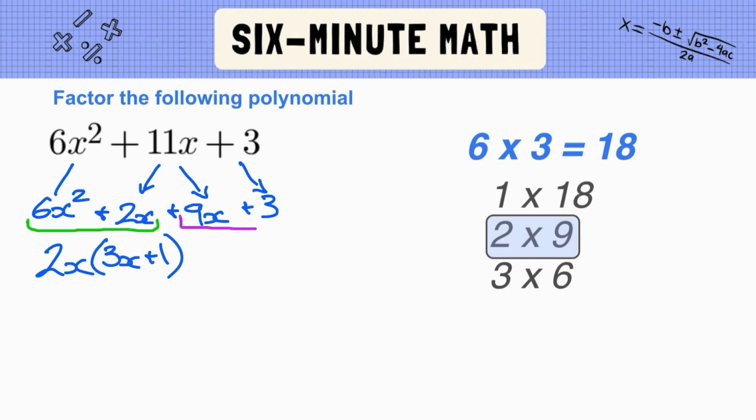I'm then going to factor our second binomial, or the last two terms. I can factor out a positive 3, and I have a 3x plus 1 remaining. At this point, I have a common binomial here in my brackets, which will become my first binomial factor.